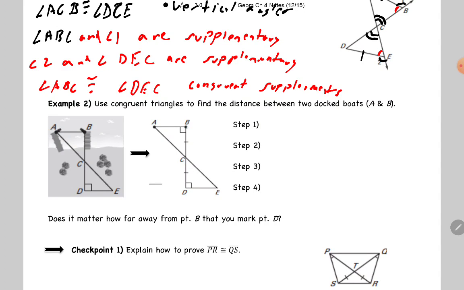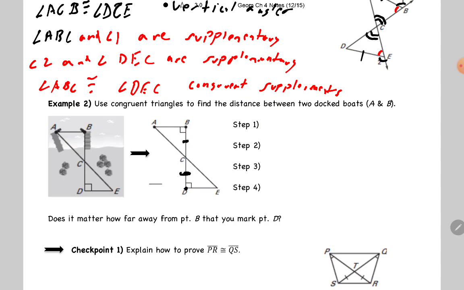You walk perpendicular to B, forming a right angle, and you walk a certain distance all the way to D. And you make sure that the distance between D and C and B and C are the same.